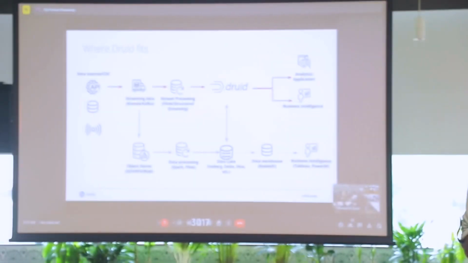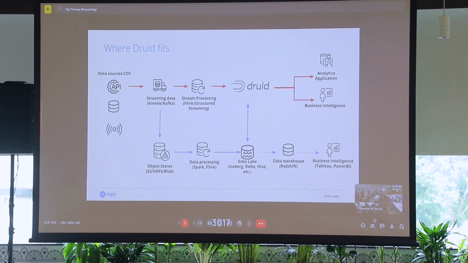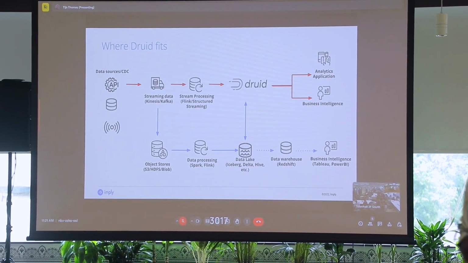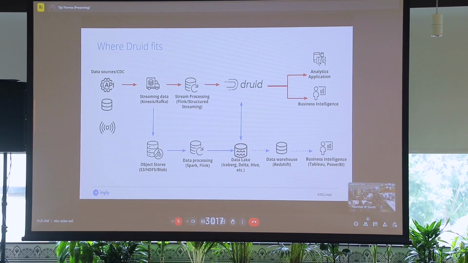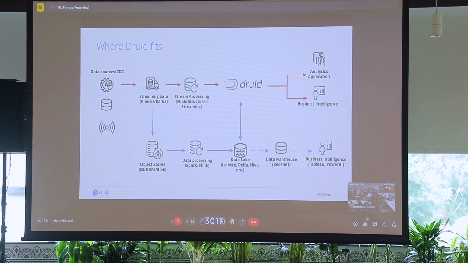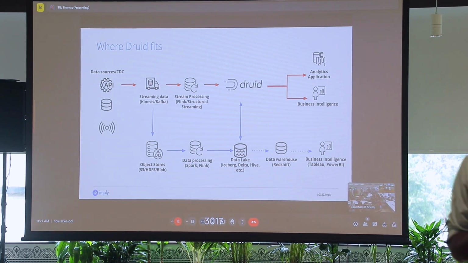Now, where does Druid fit in? You might have stream analytics, Flink, Kafka; that's an analytical engine we can consider. It has the capability to aggregate or answer queries, but that is not a database. So we need an analytical database where you can store, process, and answer your queries, right?